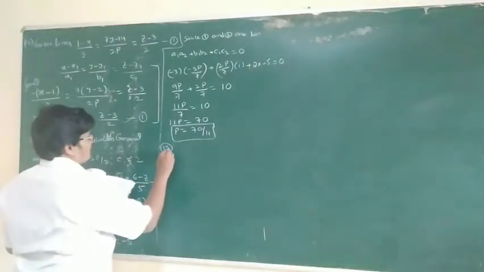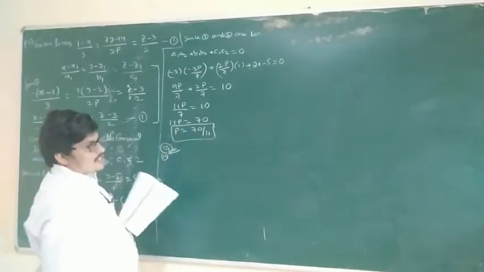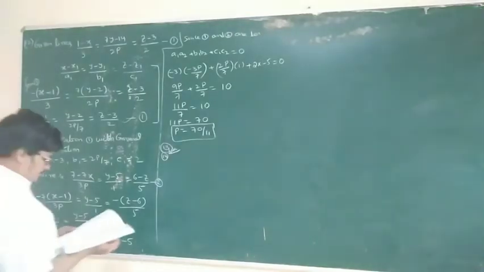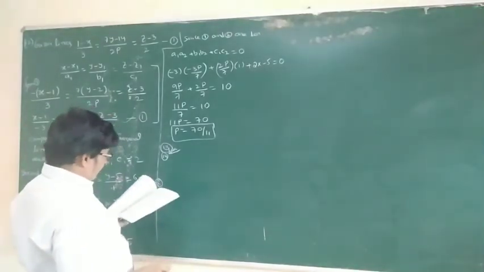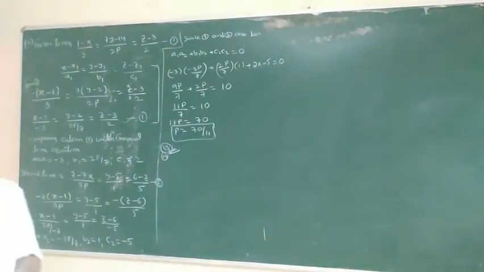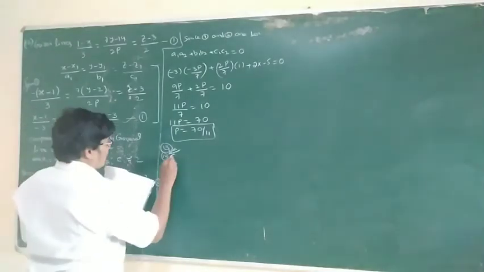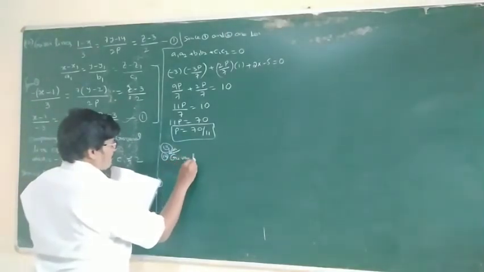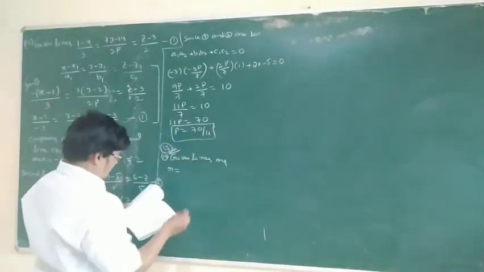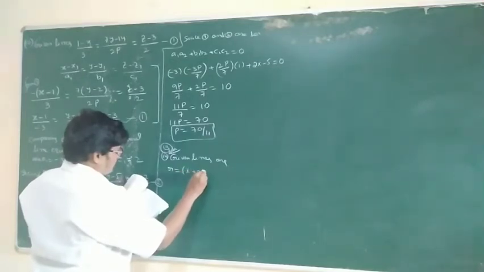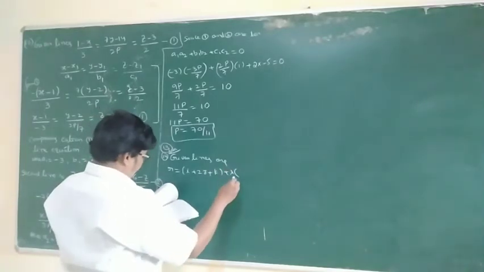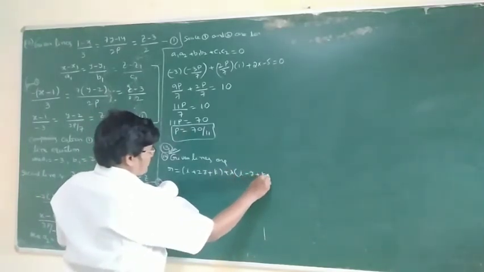14th problem, very important, shortest distance. Find the shortest distance between the lines. So given lines are r bar is equal to i plus 2j plus k plus lambda into i minus j plus k.